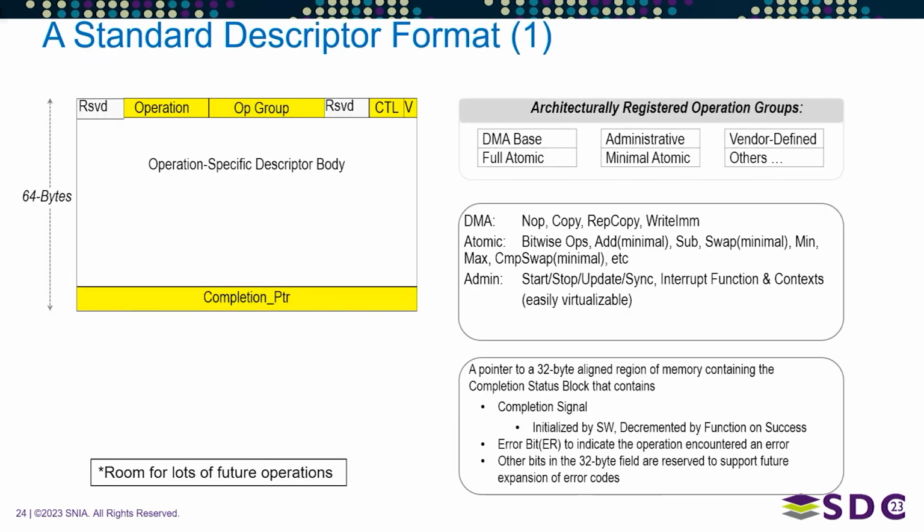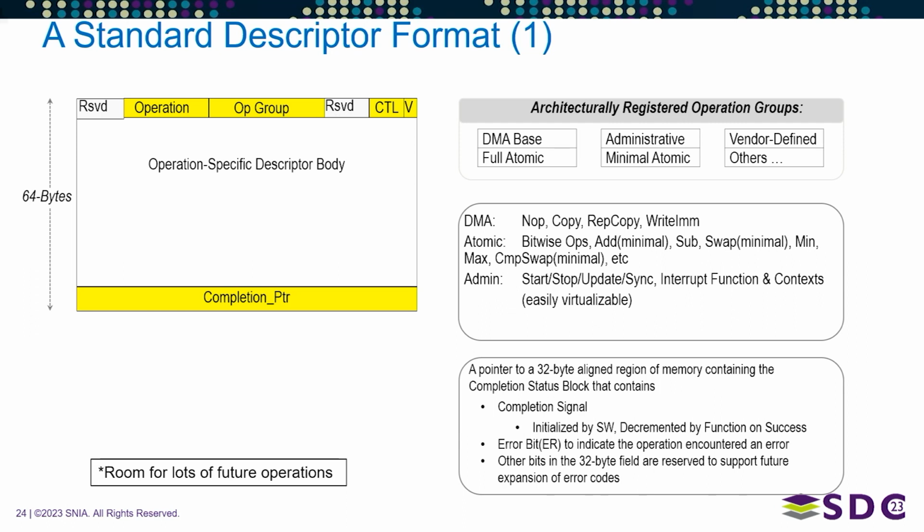So this is just a brief description of the format of the descriptor. If you look at the top part of the descriptor, there's that valid bit. The descriptor has to be valid for the function to start working on it. It can receive a doorbell, or it can proactively go and read a descriptor as long as it's valid. The control fields, kind of, Chandra, to your question, have those bits.